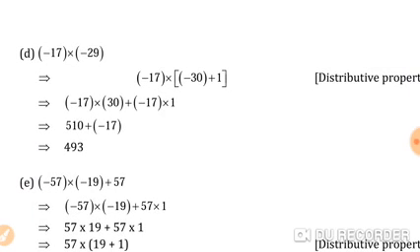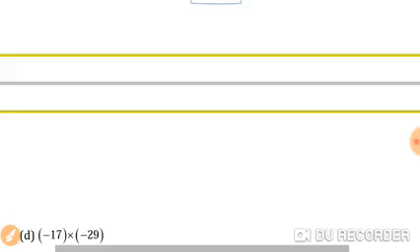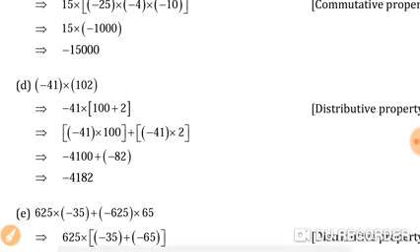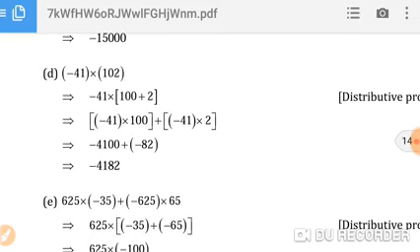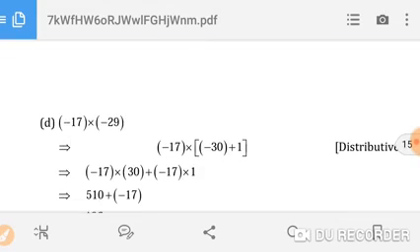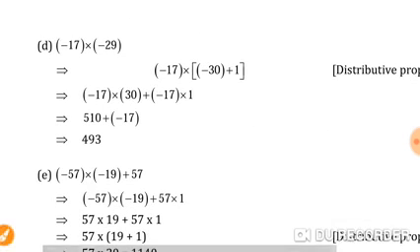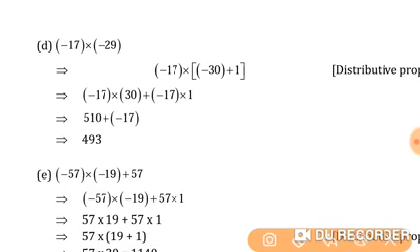From here onwards I will not explain more. You can understand. Here also, like the D question, 41 into 102 we chose like a distributive property. 29 also we can take as minus 30 plus 1.